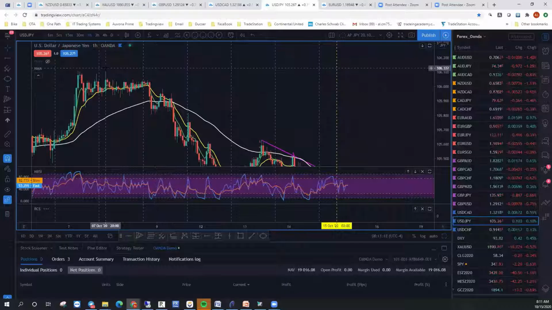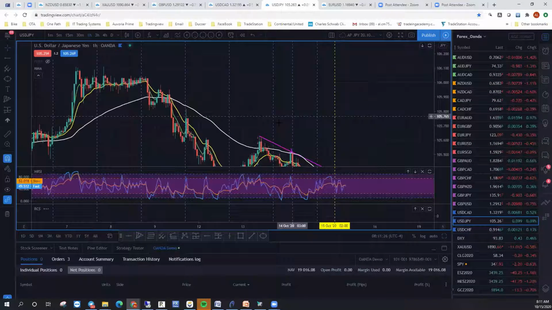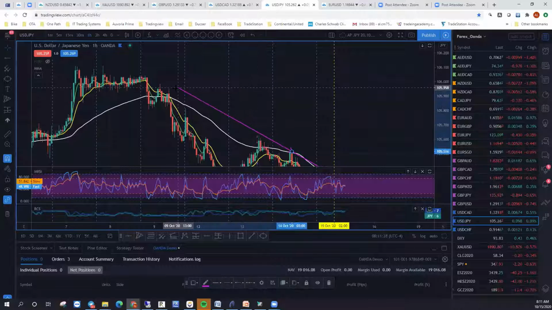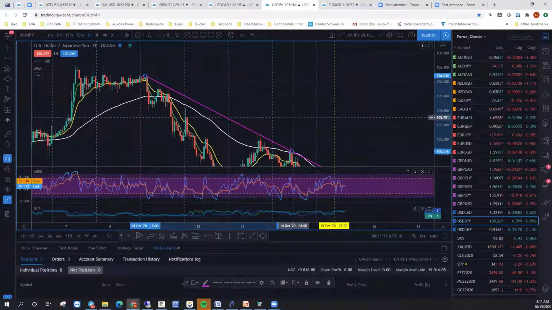Actually, it started off here, on the 7th. It had a high, lower high here, lower high here. You can take this trend all the way up to this area, where you have an anchor, and this goes all the way up with several hits right up here. This is a relatively strong trend going down.